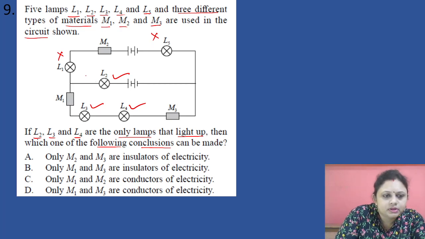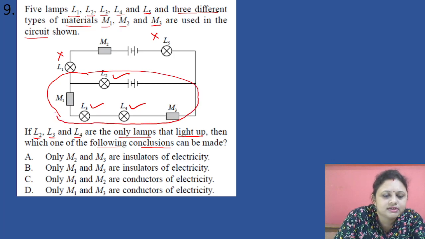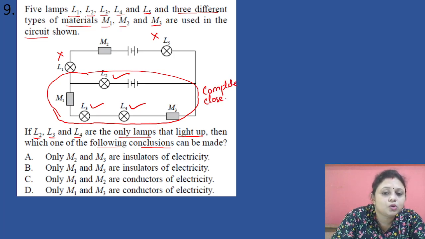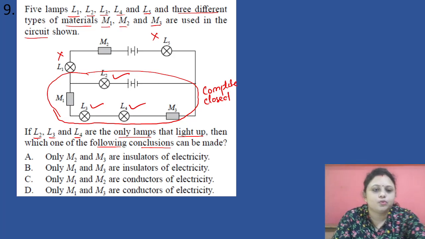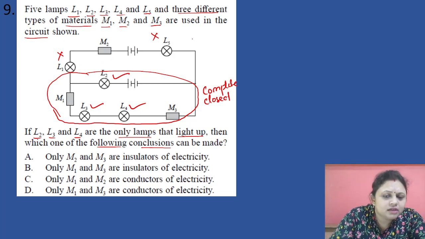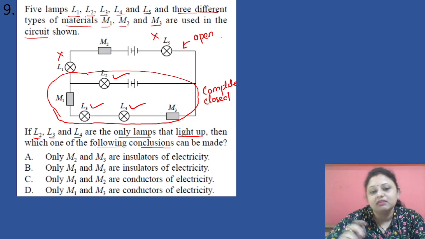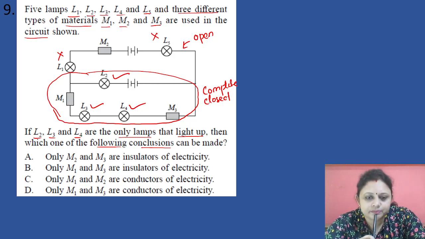That means this circuit is complete, a closed circuit. That's why these lamps are lighting. And then this part must be an open circuit. That's why L1 and L5 are not lighting.